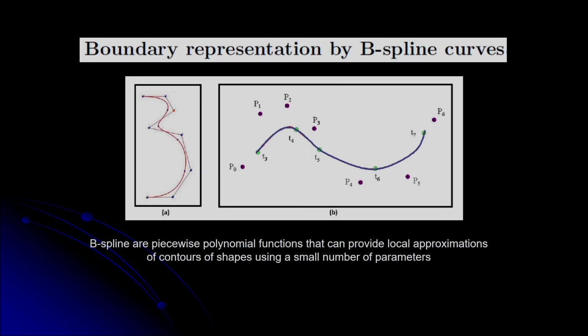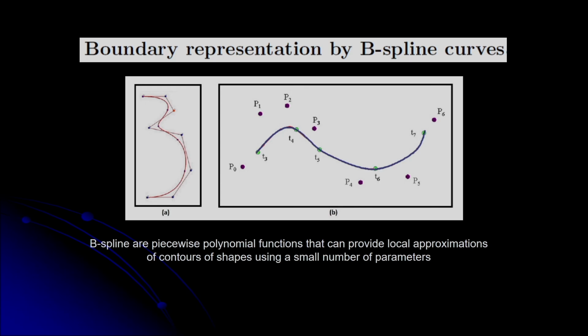So now I will be discussing the B-spline representation. So how to represent a particular boundary by using the B-spline function. So let us see what is the B-spline function. So this is boundary representation by B-spline curves.